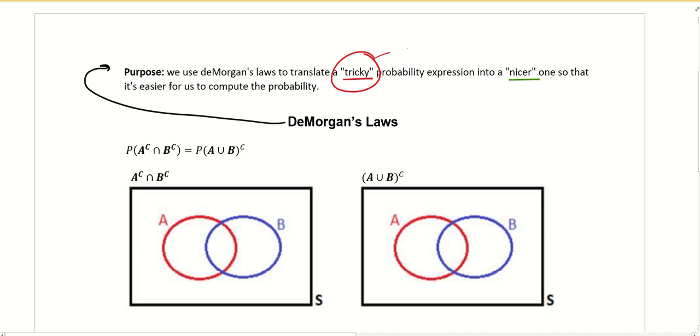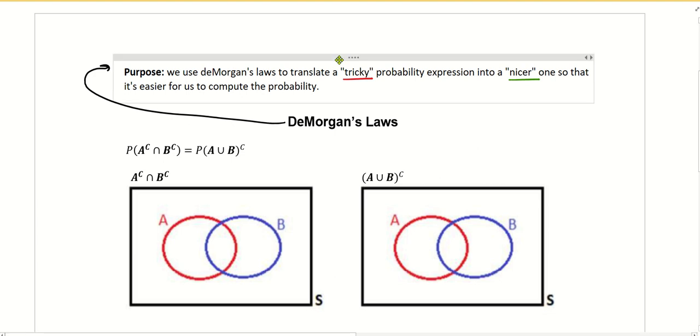We can translate that into a nicer expression. What I mean by a nicer expression, as we'll see here in a second, is one where it's a lot easier for us, in most cases, to either visualize that probability or just calculate it. So that's the whole purpose of deMorgan's for us. It's a tool that we can use when it applies.